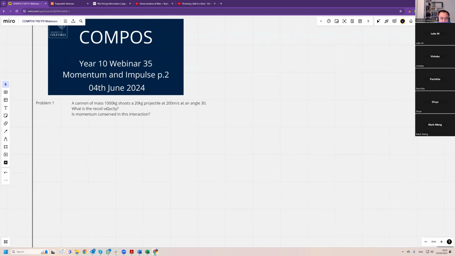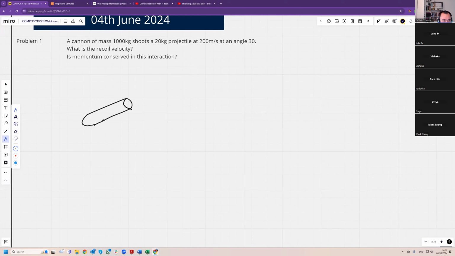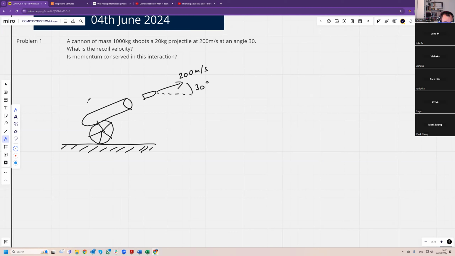Okay, so there's a cannon, some sort of cannon, and it shoots a projectile at 200 meters per second, and the angle is 30 degrees. The cannon is 1,000 kilograms, and this is 20 kilograms.